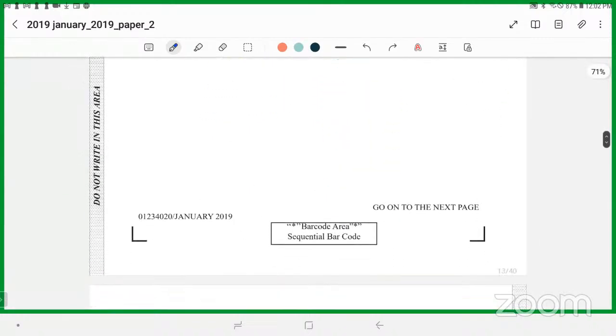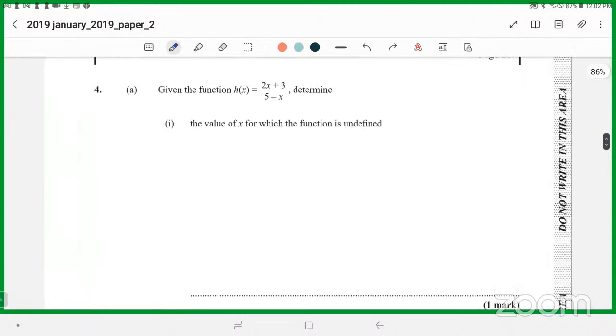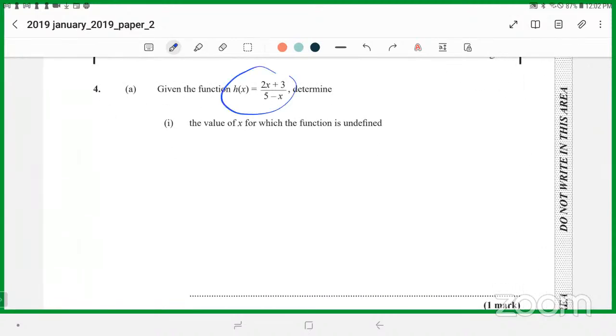Next question. Number 3, functions. It gives us this function, and it says we have to determine the value for which the function is undefined or not defined. Remember, a fraction becomes undefined when the denominator equals 0. So any value of x that would make the denominator 0, the fraction can't work.